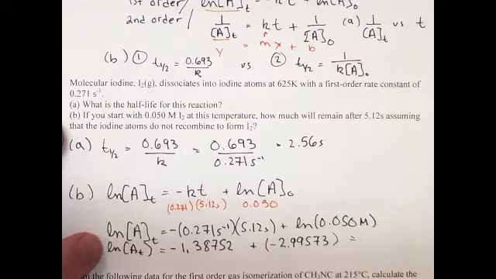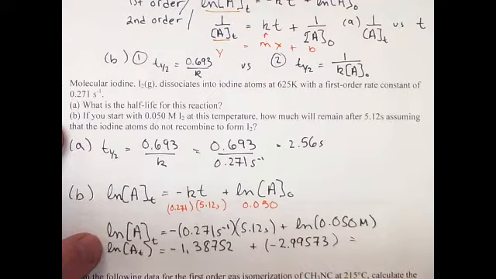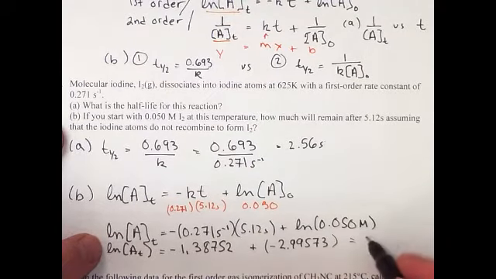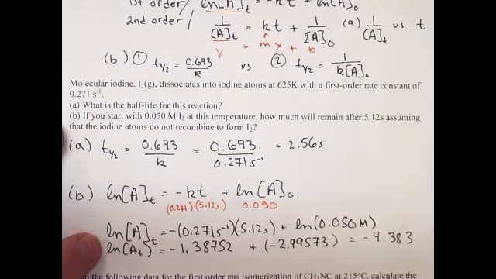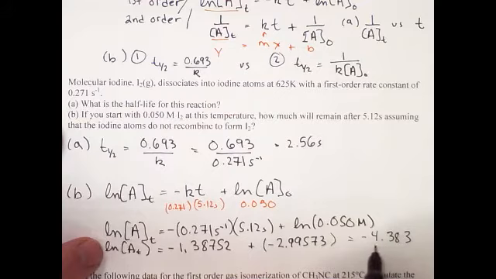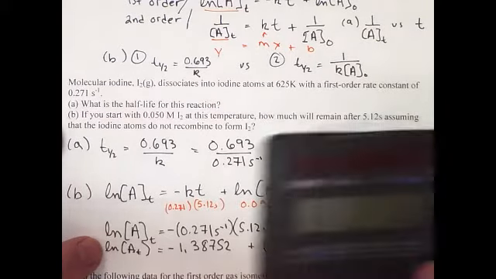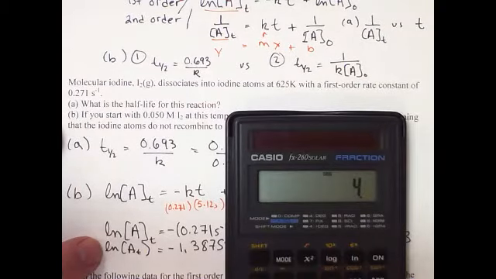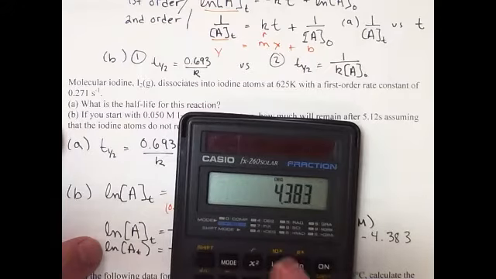Let's add those up. So I have the natural logarithm is equal to negative 4.383.